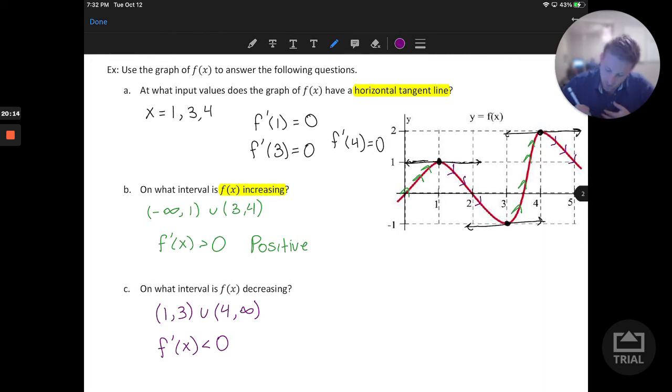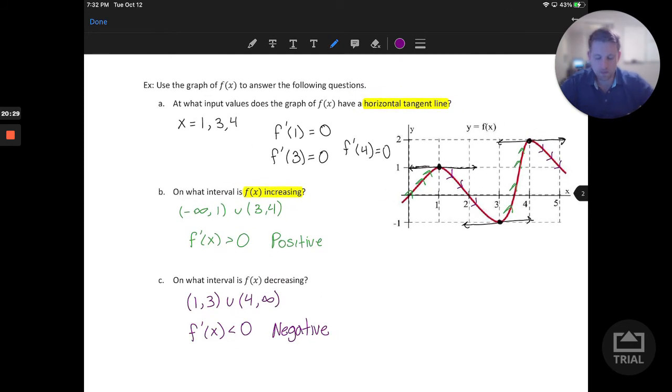So the derivative is negative, or we could say the function is decreasing over these intervals. Both would be the same. So there's where we would be positive, where we'd be negative, and where our derivative would be 0, those three cases.